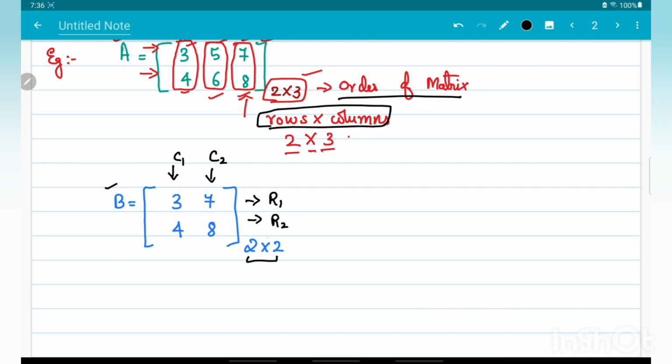So in this there are 2 rows, so I have written 2 and then columns. In order to read the order of matrix, we read it as 2 by 2. So if someone asks you what is the order of matrix B, then you will say it is 2 by 2. Now these elements which you can see over here, this 3, 4, 7 and 8, they have got some names.